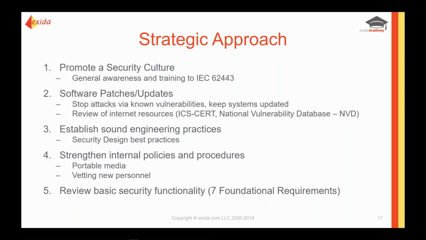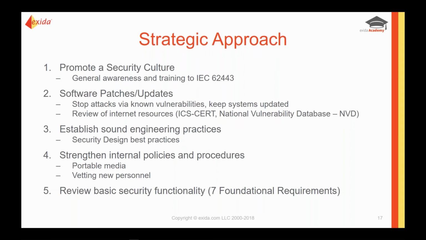Managing your patches and updates is certainly a very important component. If you've brought, let's say, open source code into your system, or you're using general products that have vulnerabilities, there are vulnerability databases, as we'll talk about in just a minute, that can help with that. But that's a key part of clamping down on potential ways in which your systems can be breached.